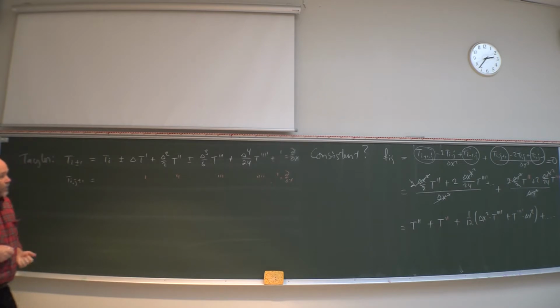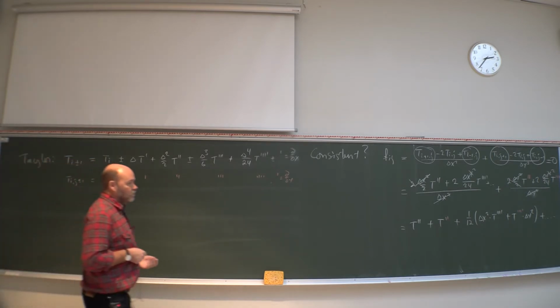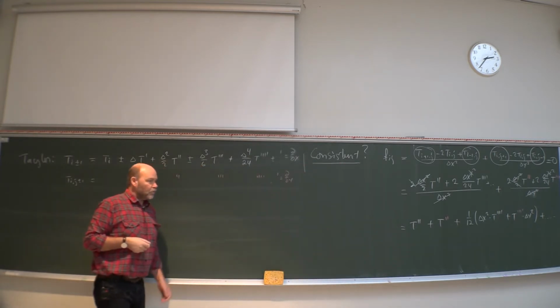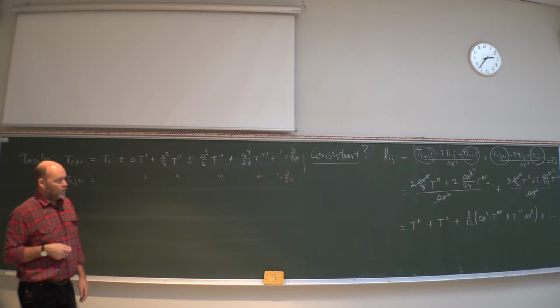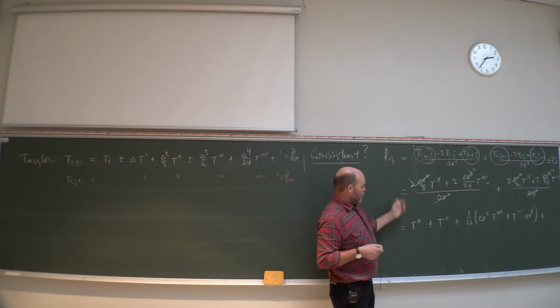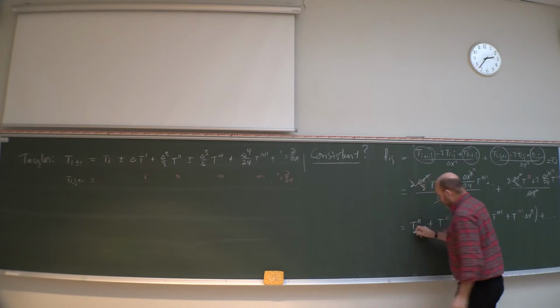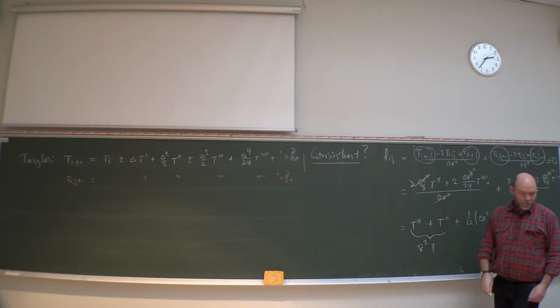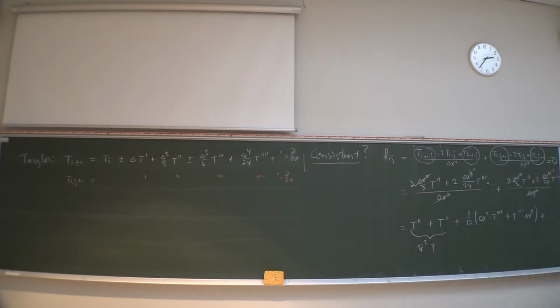So this exercise is quite good to do, not only for checking whether your scheme is consistent, that you are actually solving the correct partial differential equation, but also to check what is the order of your numerical scheme. So you can see it here quite nicely. Here you have the original partial differential equation, nabla squared of T. Of course you get it. If you don't, you're in trouble. Then you're solving the wrong equation. If the original partial differential equation doesn't appear, then you have done something terribly bad.